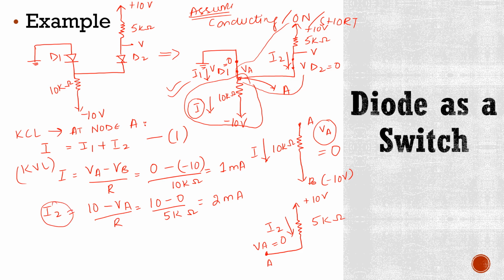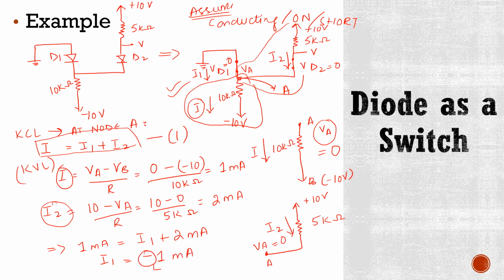Now we know the value of I2, and we know the value of I, so we put these values in this equation 1 in order to find the value of I1. So now this equation 1 will become 1 milliampere is equal to I1 plus 2 milliampere, and if we rearrange this equation, we get I1 is equal to minus 1 milliampere.